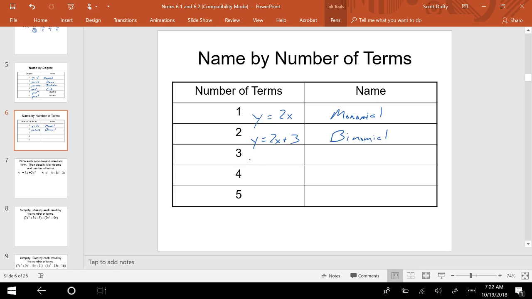If you have three terms, y equals x squared plus 2x plus 3, that would be a trinomial. If you have 4 terms, that would be a polynomial. And anything above 4 is also known as a polynomial.